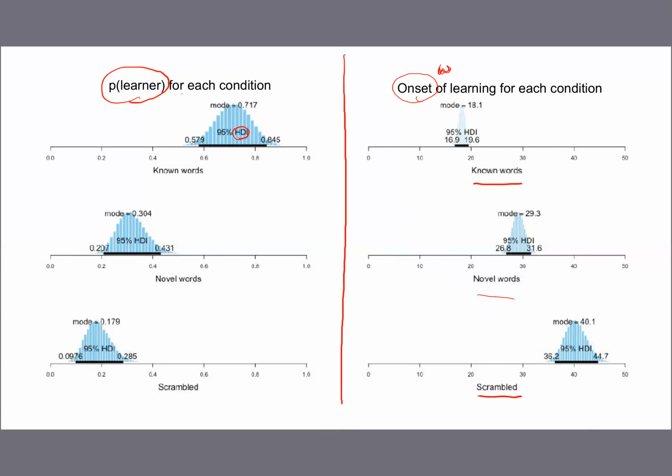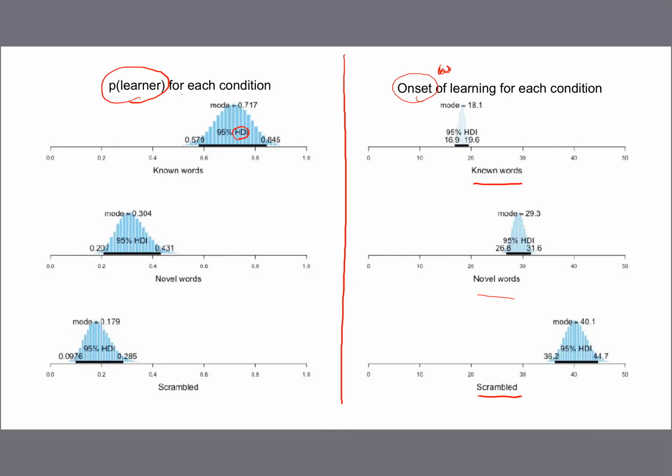So let's say 70, 30, and 20 people in each group. I wonder if the sample size will matter in that case. But I see your point now: because more people are classified as learners in the known words condition, the spread of the onset of learning might be smaller than the other ones. Good point. Interesting. I never thought of it that way.